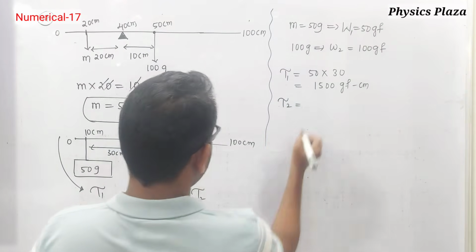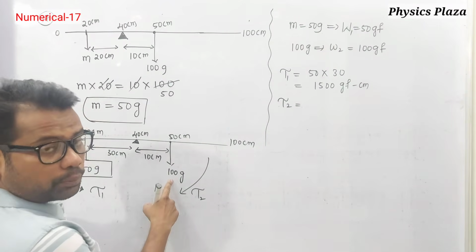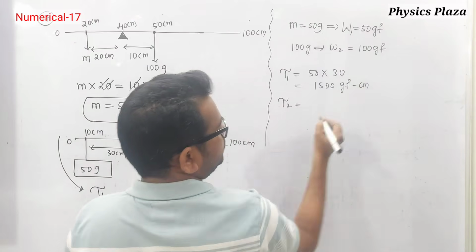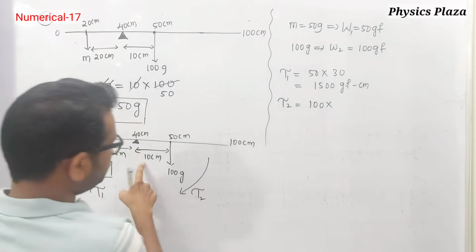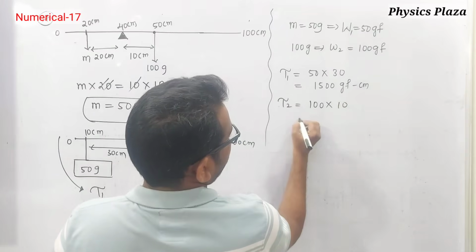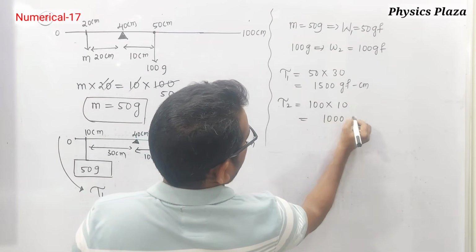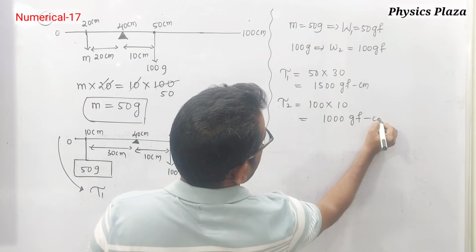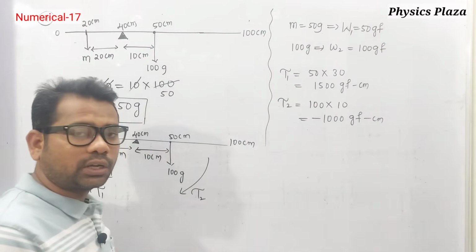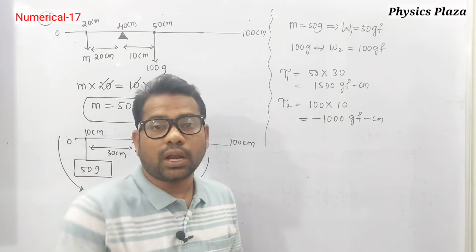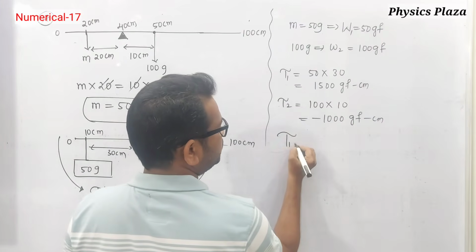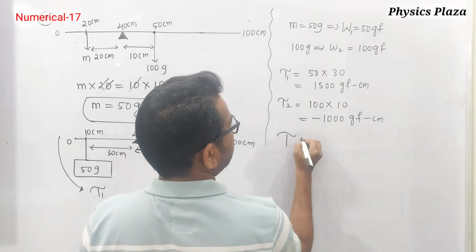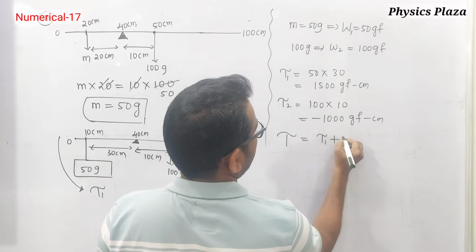Tau 2 is due to this 100 gram mass, that is the 100 gram force weight, into the perpendicular distance, which is going to be 10 only. This is 1000 gram force centimeters. It is going to be negative. Why negative, children? This is clockwise movement. Clockwise movement is taken as negative. Now the resultant is equal to tau 1 plus tau 2.